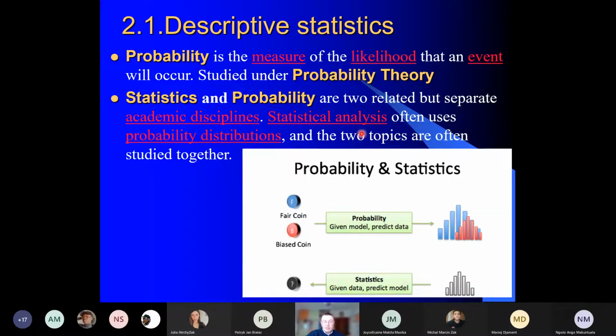Anyway, statistics, medical statistics significantly depend on probability theory and use probability distribution theory, and those two scientific areas are very closely tied together.